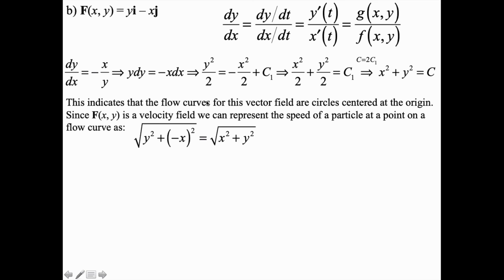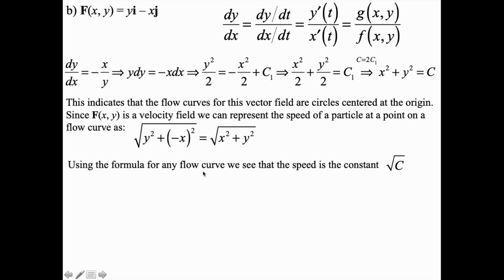This really indicates that the flow curves for this vector field are circles centered at the origin. And since f(x,y) is a velocity field, we can represent the speed of that particle the same way we did before. And using the formula for any flow curve, we see that speed is a constant. Speed doesn't change. Speed is this constant, the square root of c.